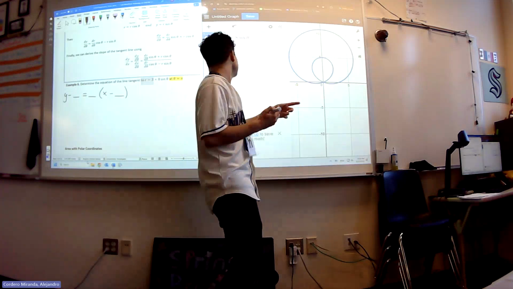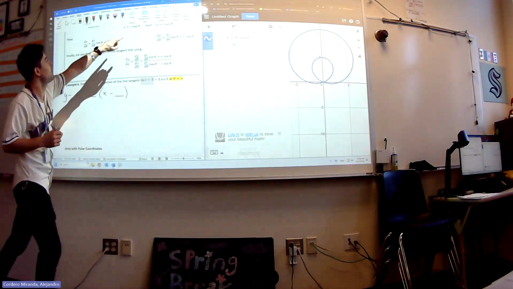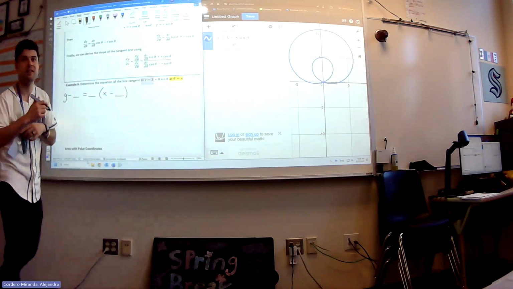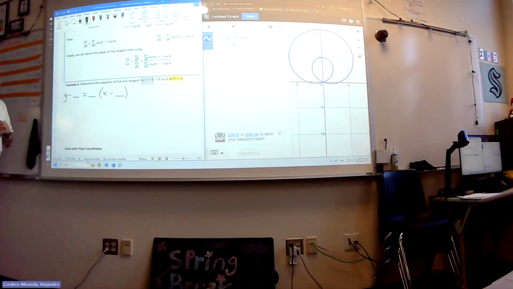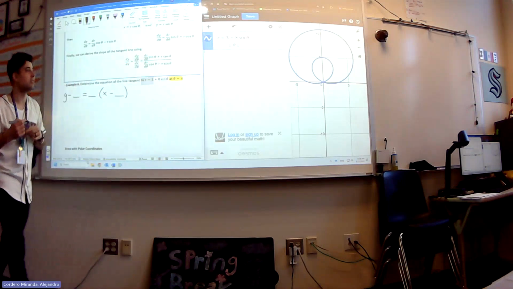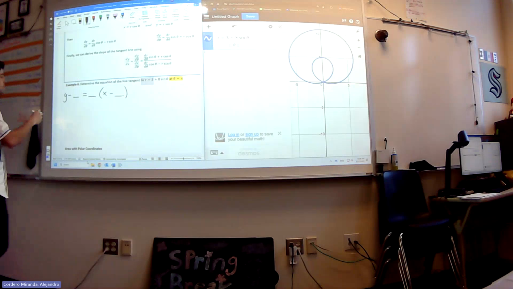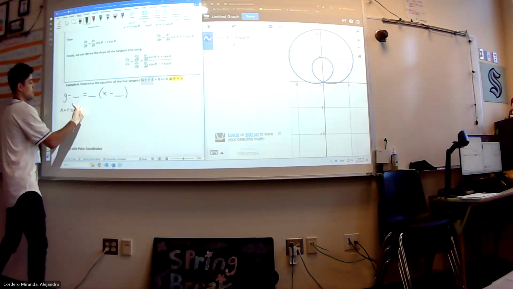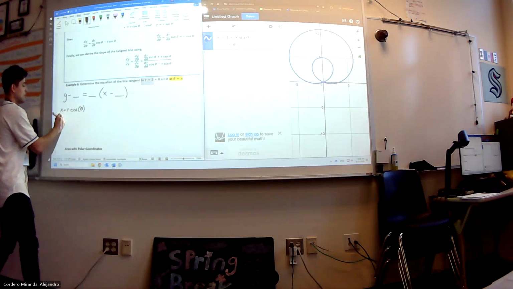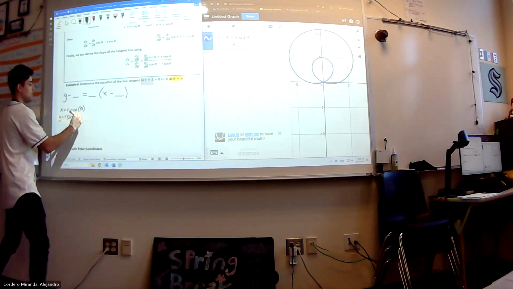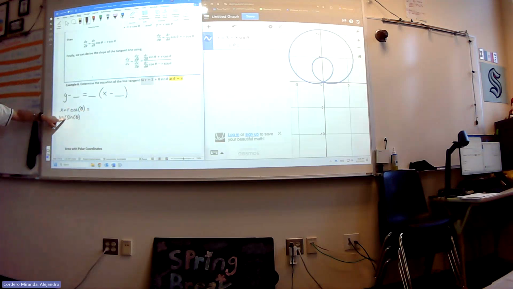But in general, the general idea is to use the thing I was talking about before, where x is always r times cosine and y is always r times sine. So this one requires a lot of work, as you can probably tell from all these ugly fractions. In general, find the x coordinate and the y coordinate by using those little formulas.